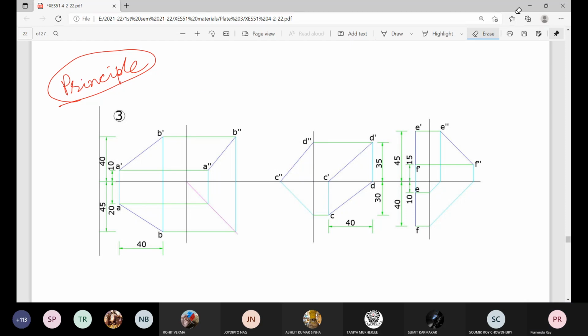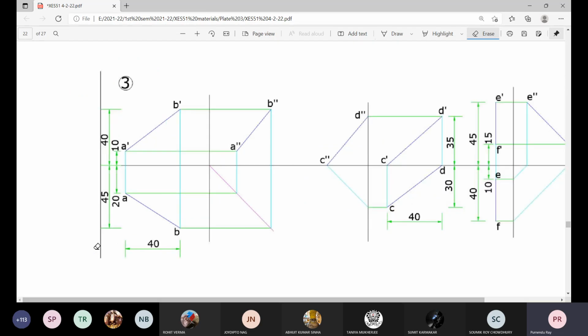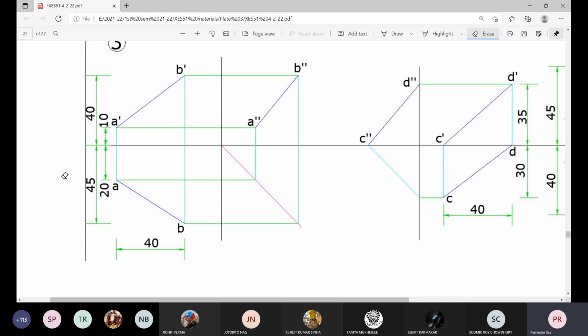So please. Now next thing, information given for this problem 3, part 1. It is a straight line AB.